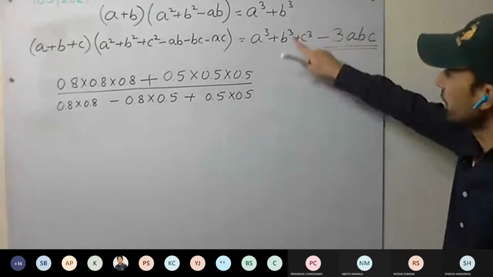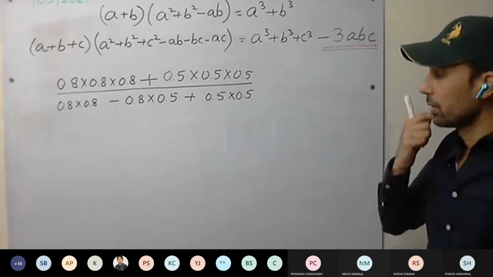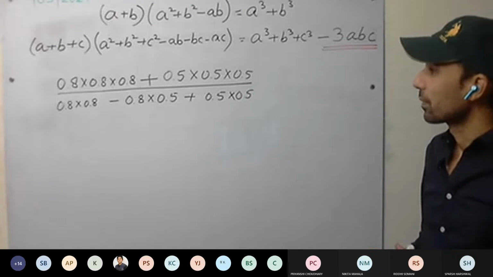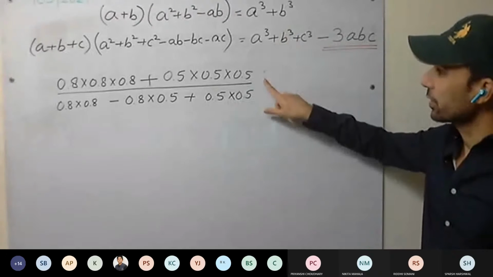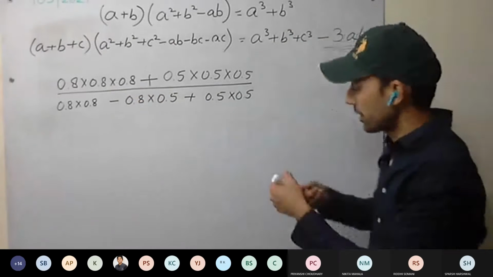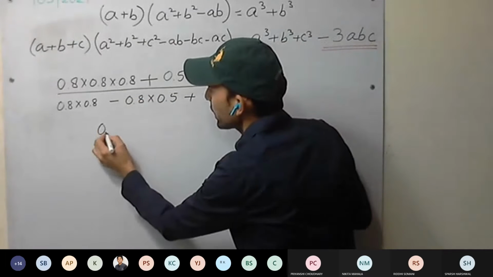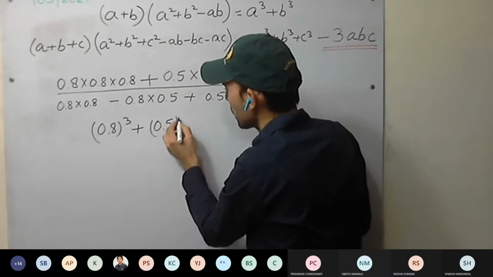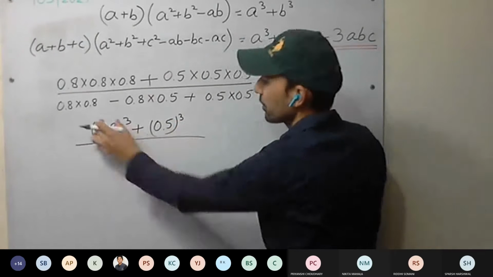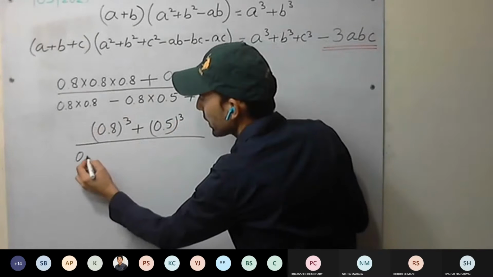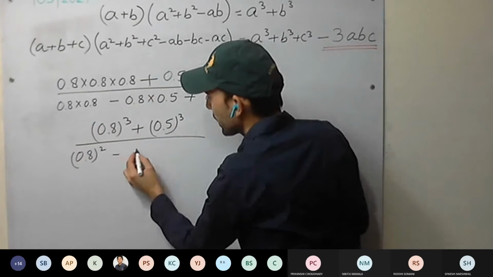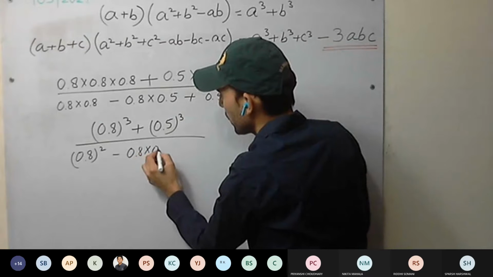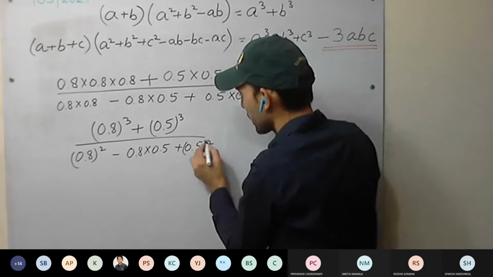Okay, which identity are we going to use from these two? Which identity, first one or second one? See here, what is this? 0.8 cube plus 0.5 cube, divided by 0.8 square minus 0.8 into 0.5 plus 0.5 square.